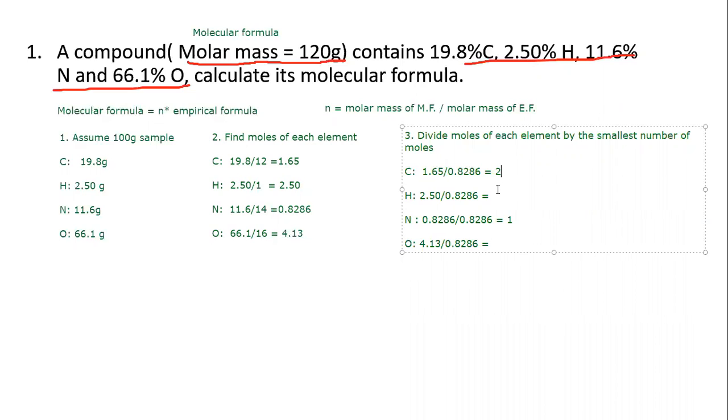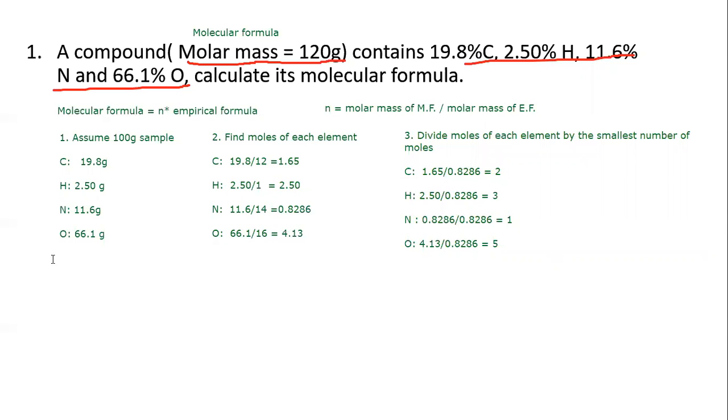The hydrogen's like 3.017. You can just round that to 3. That's close enough for 3. And the oxygen is 4.98. That's close enough to 5. And so you notice here that the ratios are all whole numbers. Since the ratios are all whole numbers, then we can go ahead and write the empirical formula.